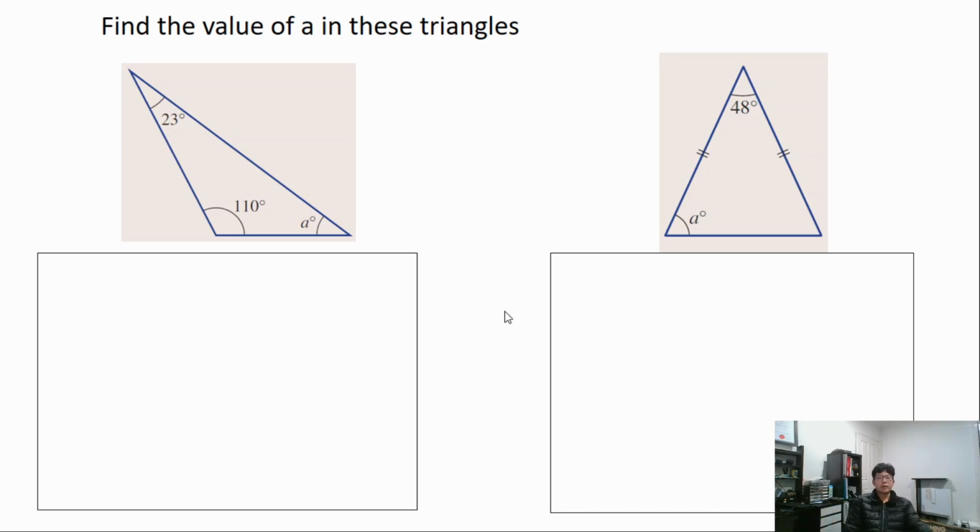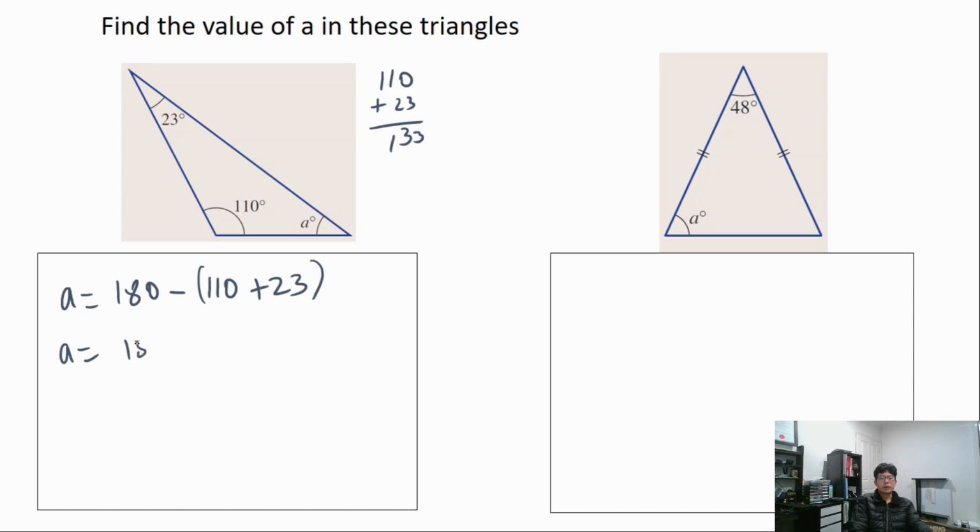Alright, the first one on the left is a little bit easier. Remember, all 3 angles added together equals 180 degrees. So that means a equals 180 minus 110 plus 23. Let's do 110 plus 23 first. So a equals, let's quickly do that up here, 110 plus 23. 3 plus 0 is 3, 2 plus 1 is 3, 1 plus 0 is 1.